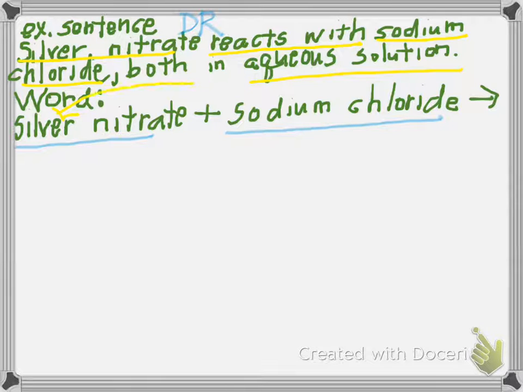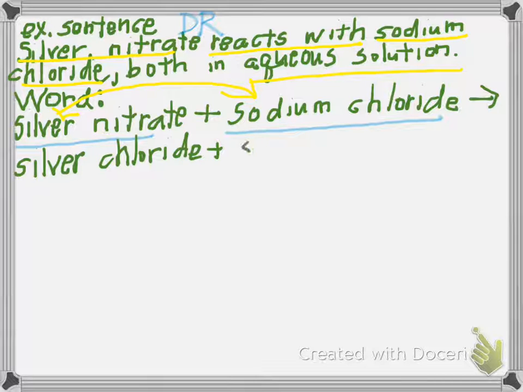So in this reaction, silver and sodium are going to swap partners. So silver is going to be one of my products, but its partner now is going to be chloride. And sodium is one of my products, and sodium's partner is going to be nitrate.